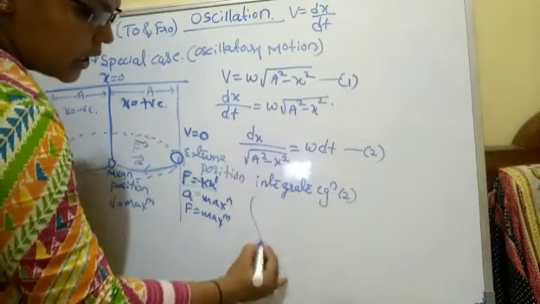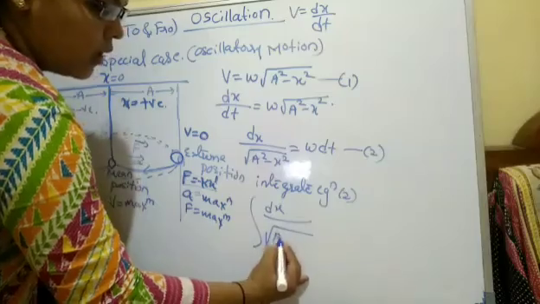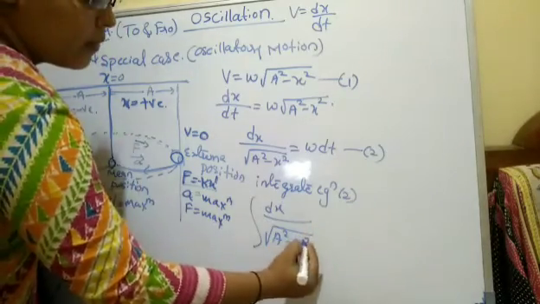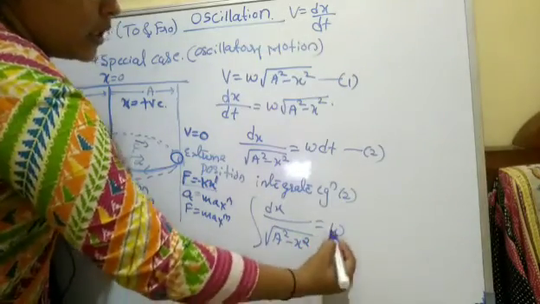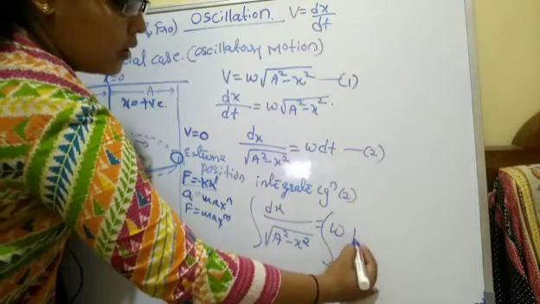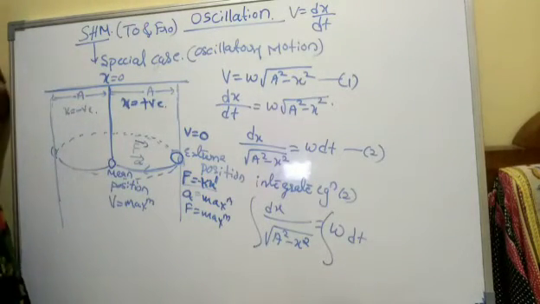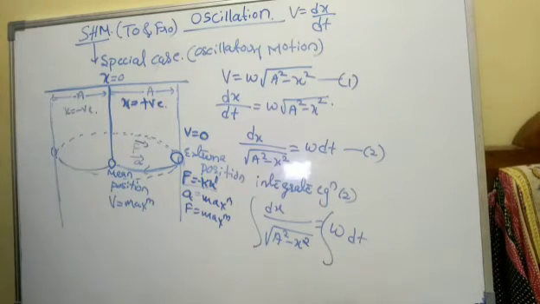So integrate dx by root of a square minus x square, and integrate dt.